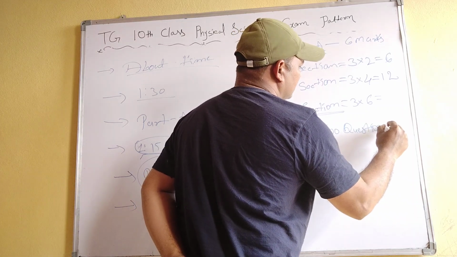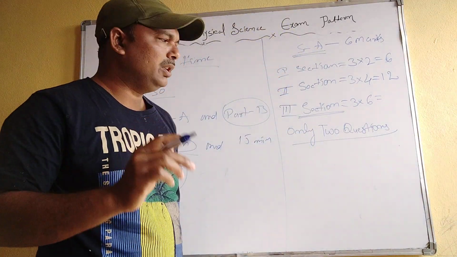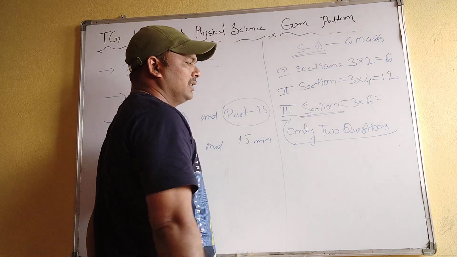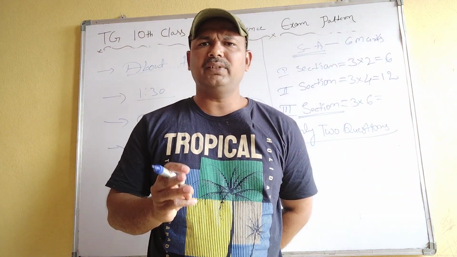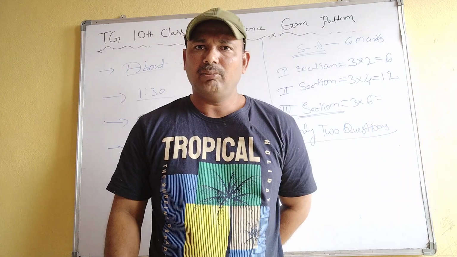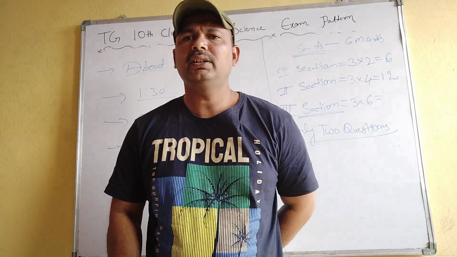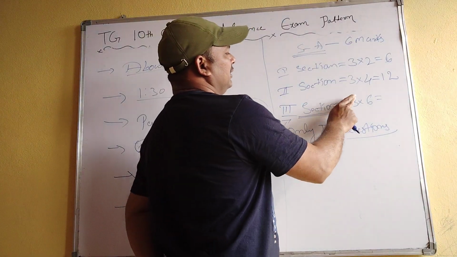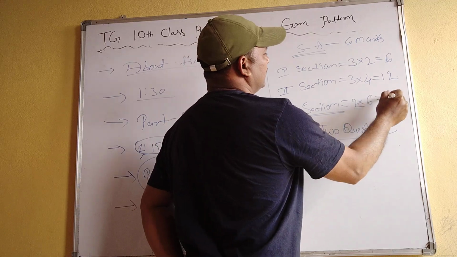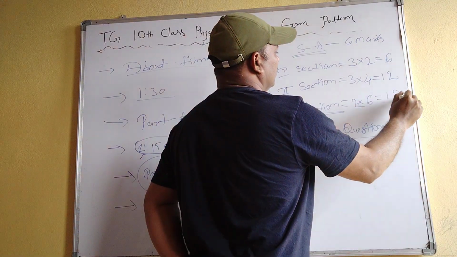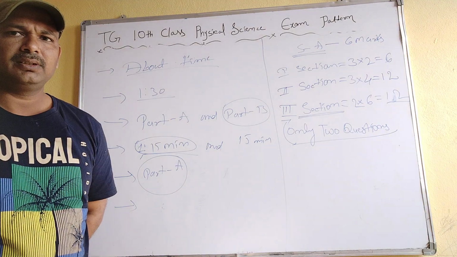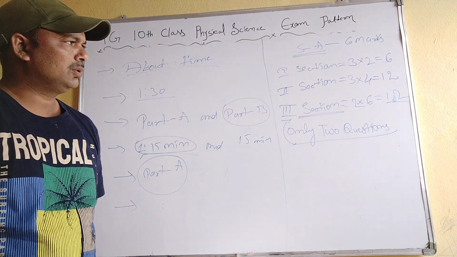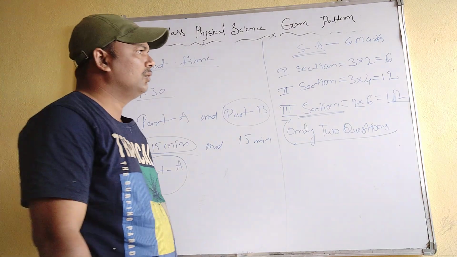In the third section, they give 3 questions, but you have to write only 2 questions. That means 2 into 6 is equal to 12.